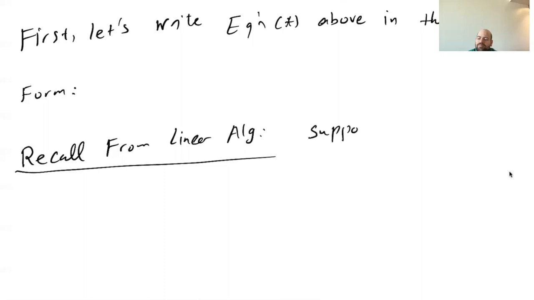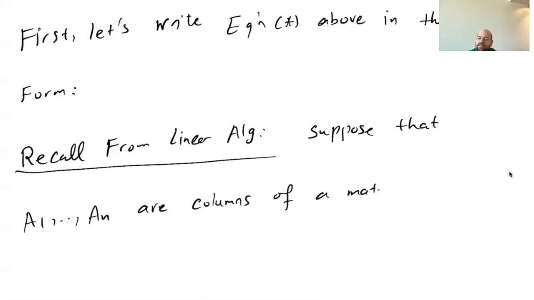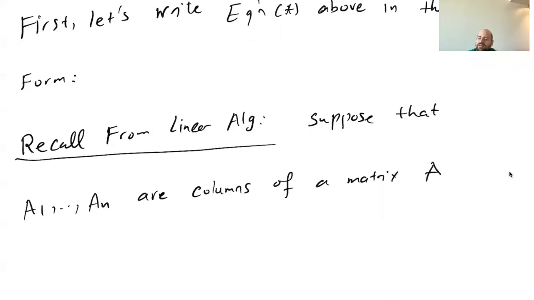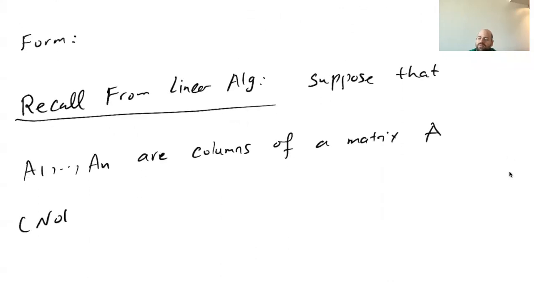Suppose that A1 to AN are columns of a matrix A, and usually if this is the case, the notation that we used would be A equals, let's say, A1 to AN.